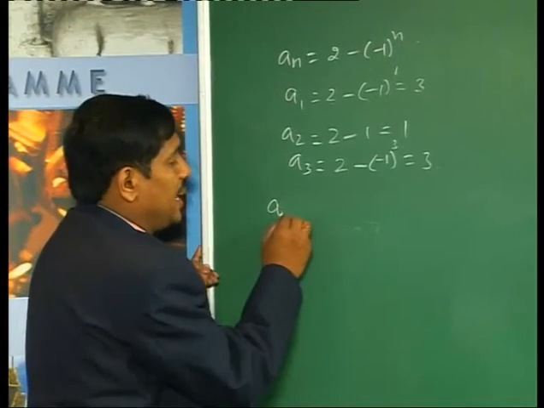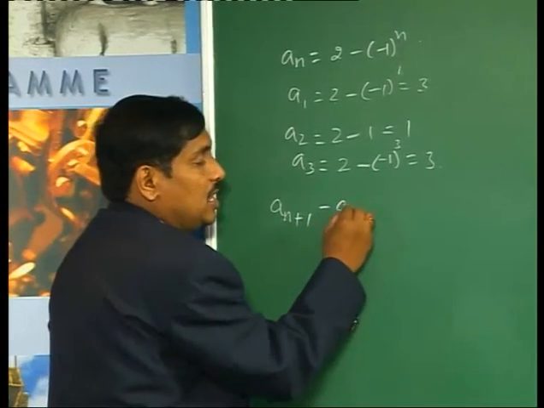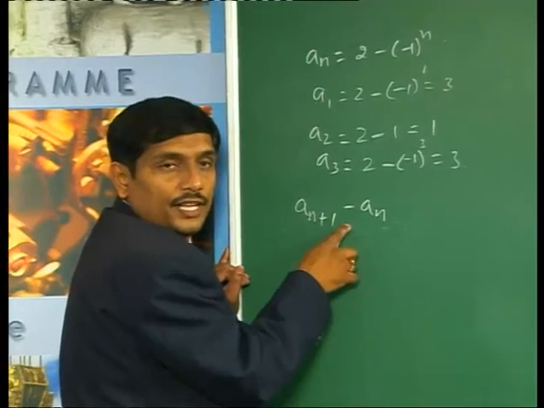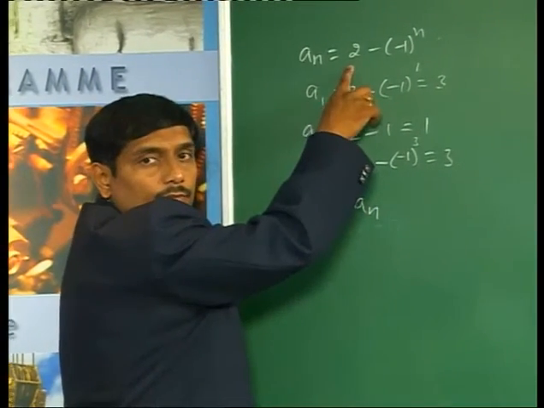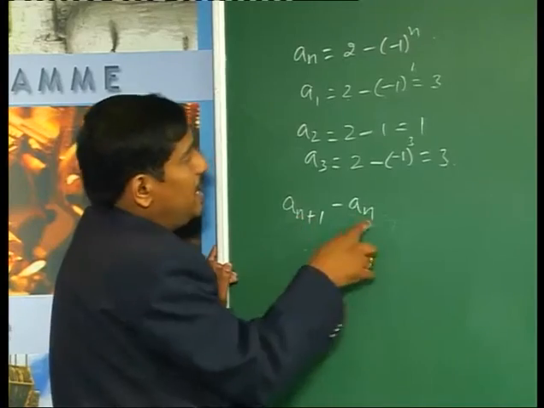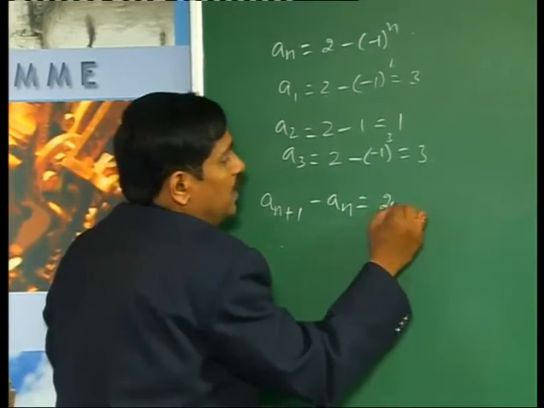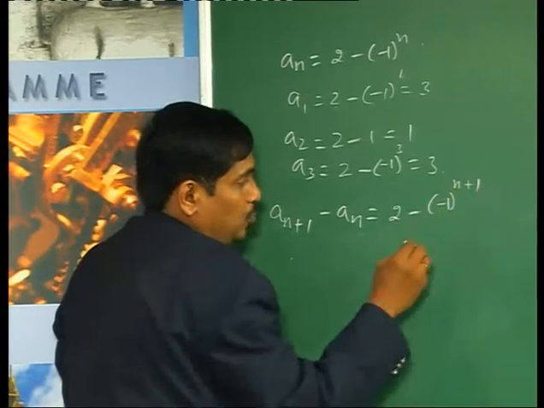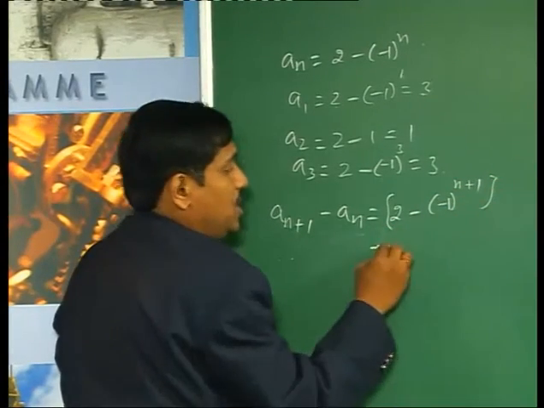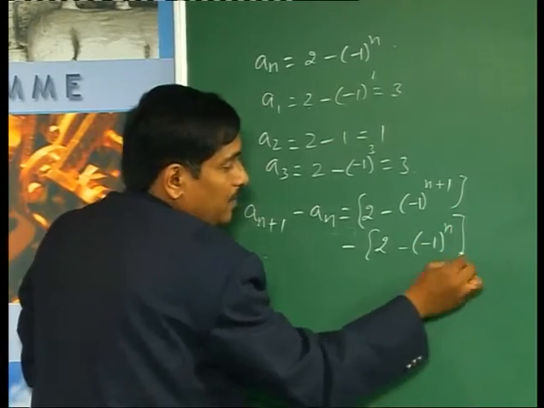That's why we can take a_{n+1} minus a_n, the difference, then you get a_{n+1} is 2 minus (−1) to the power of n+1, minus 2 minus (−1) to the power of n.